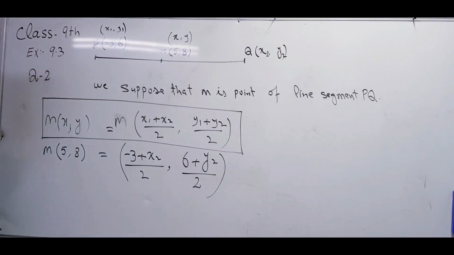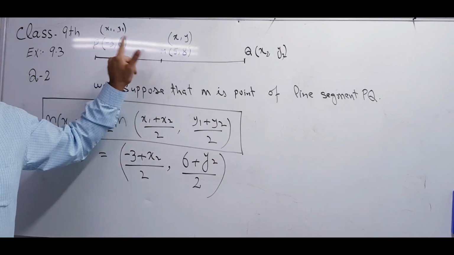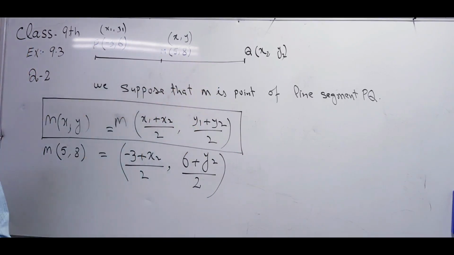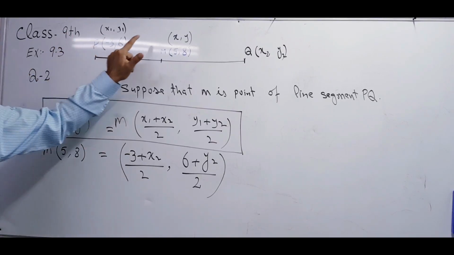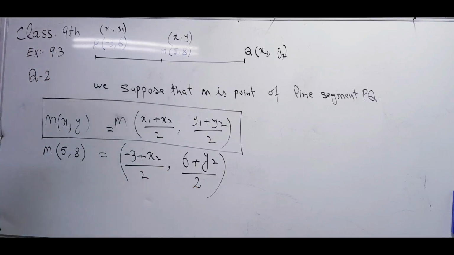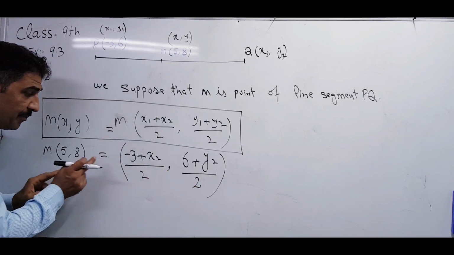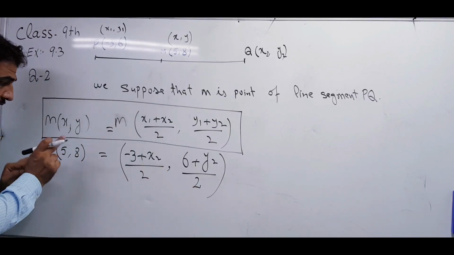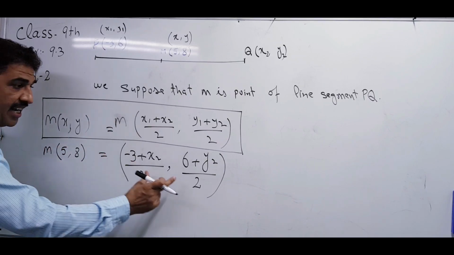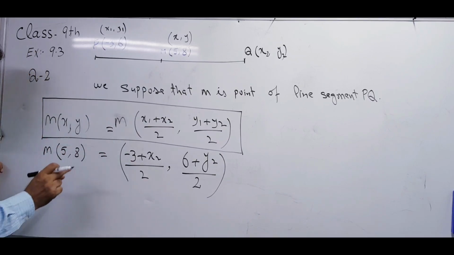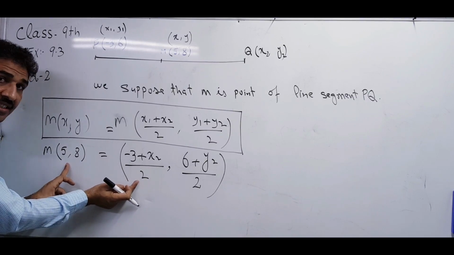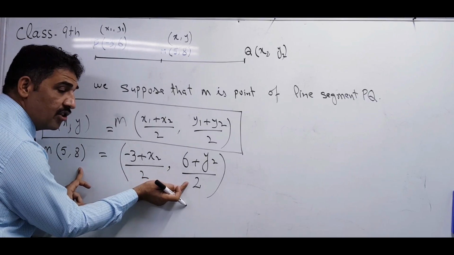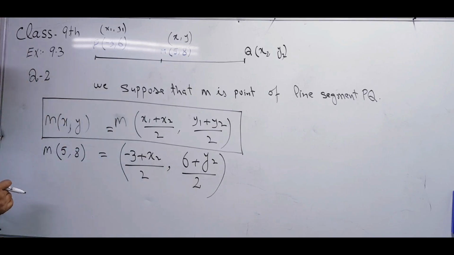That's why I assume the names of these points according to our formula. Then after that, putting the values of x1, y1, x, y and x2, y2 in the formula. Which sign is between them? Equal. Here 2 coordinates and here also 2 coordinates. It means that if the sign is equal, the first coordinate is equal to the first and the second y coordinate is equal to the y coordinate.